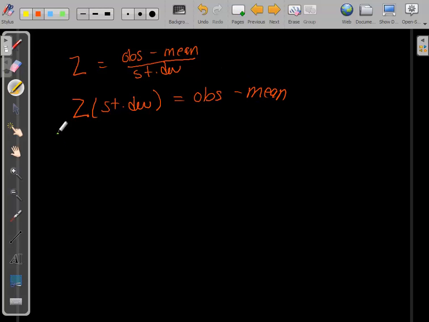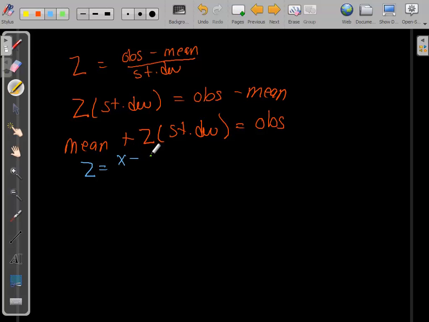If I add the mean to both sides, then the mean plus the z-score times the standard deviation is equal to the observation. So symbolically, if z is equal to x minus mu divided by sigma, then x is equal to the mean plus z times the standard deviation.